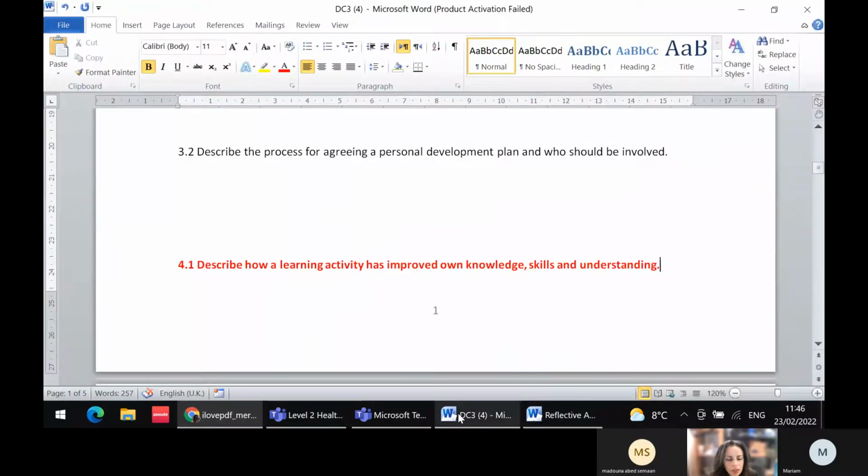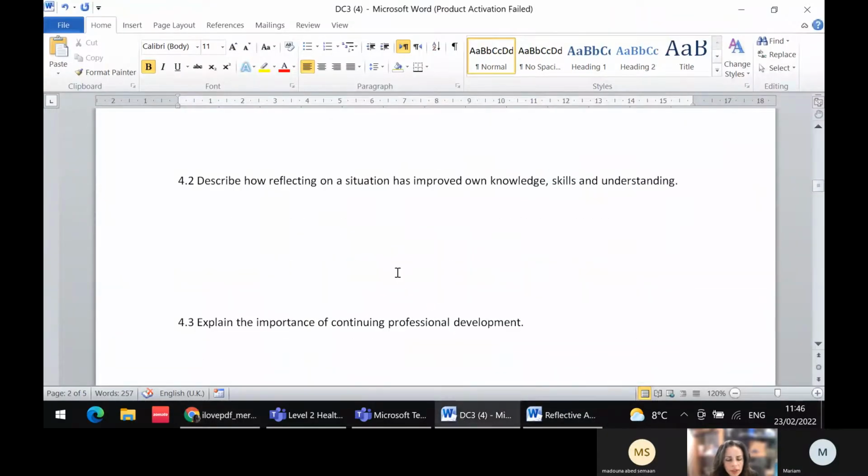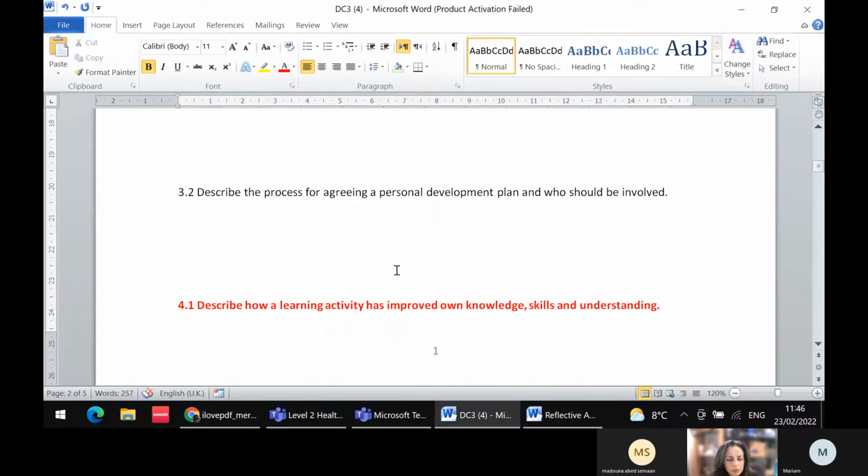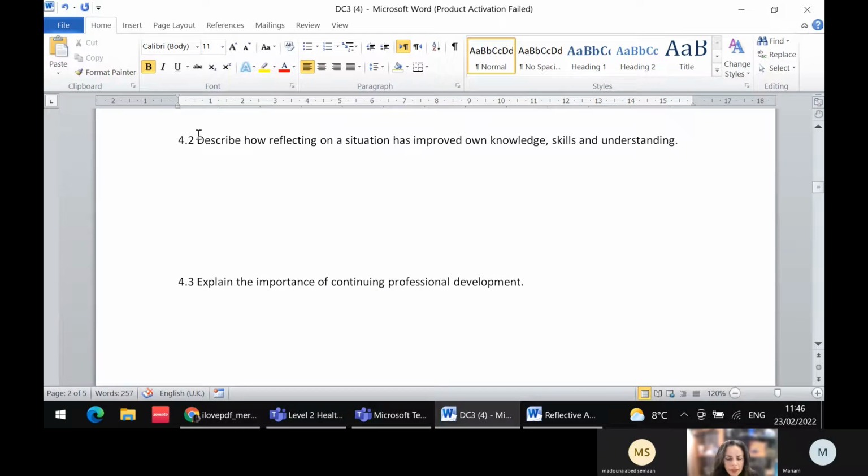Now, if I go to the question after that, we have just 3 more questions, and then the reflective account. So this question says, describe how reflecting on a situation has improved your knowledge, skills, and understanding.